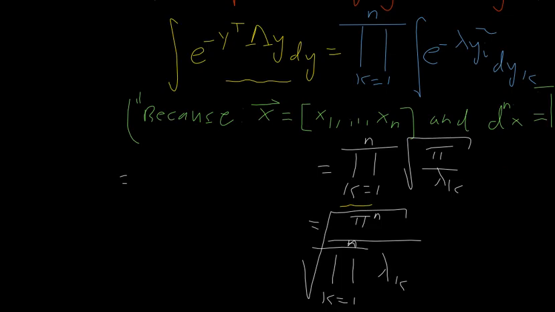And then from here, we're going to get this equal to the square root of pi to the n all over the determinant of capital lambda, right? Because pi of lambda k, that's just our determinant. Pi of k equals 1 to n of lambda k is just saying that I'm taking the determinant of the main diagonal only, even though the terms don't work that way.